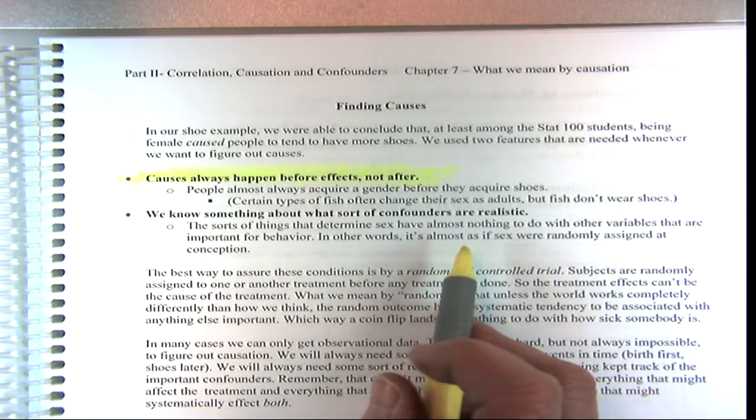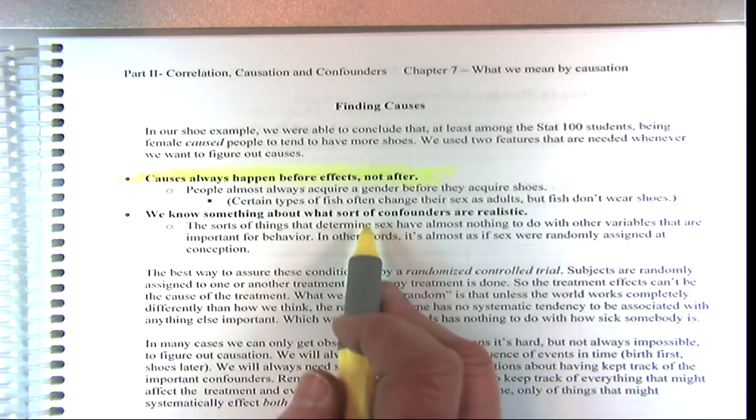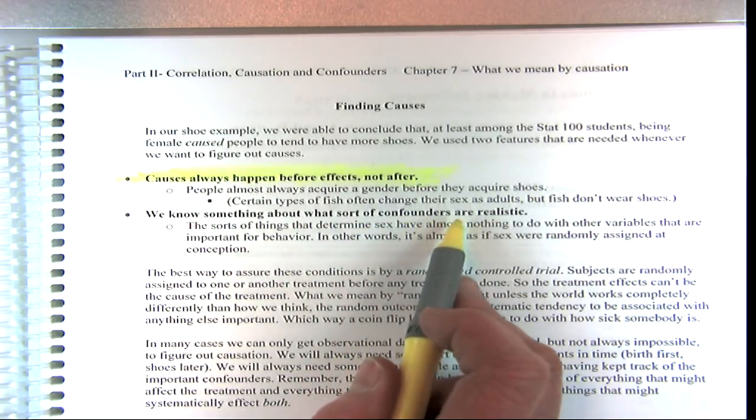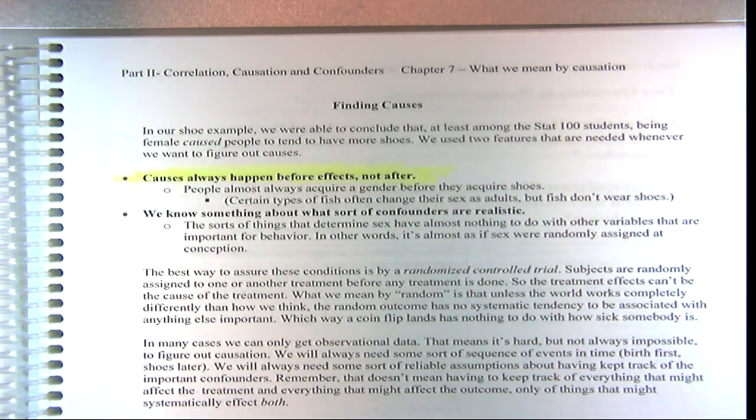And then, when we want to find a cause, we also have to know something about what sort of confounders are realistic. We have to have some outside knowledge. And I know a lot of you are used to statistics being all about mathematical formulas and completely objective.